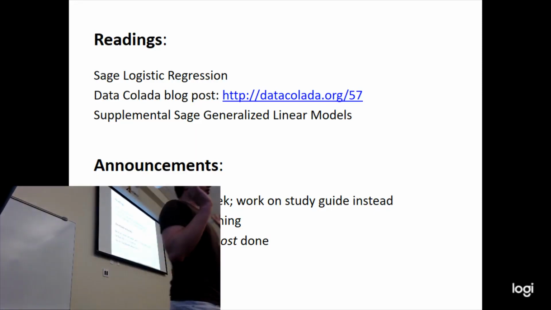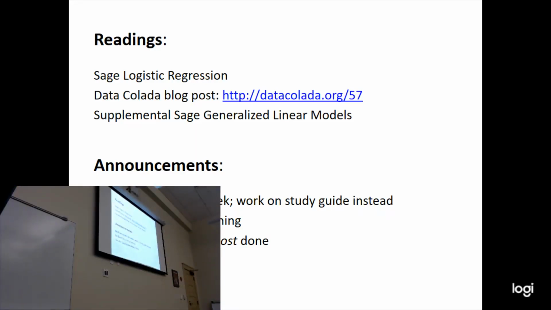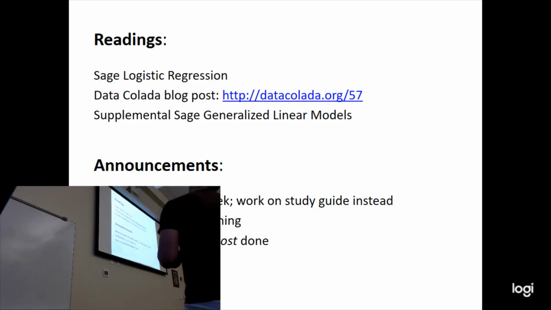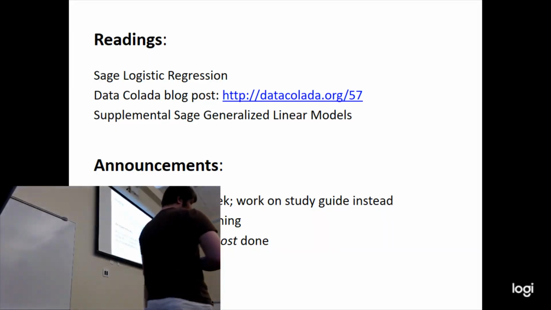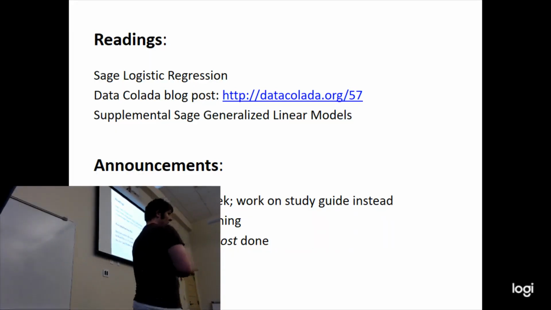This is going to be the last day on the generalized linear model, and of course, next week you have the first in-class exam on Wednesday. These are the readings that accompany this unit.